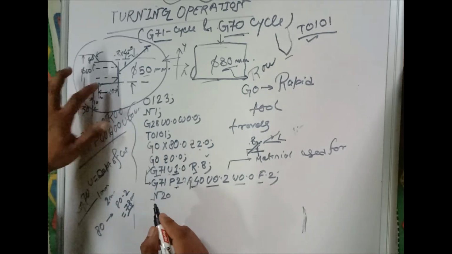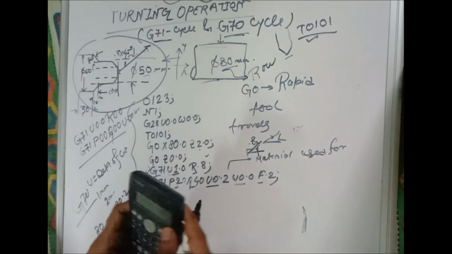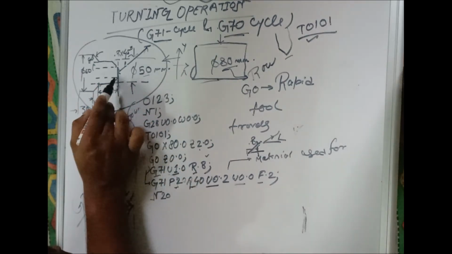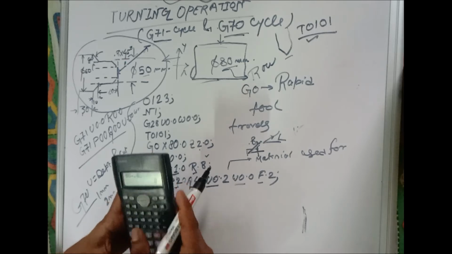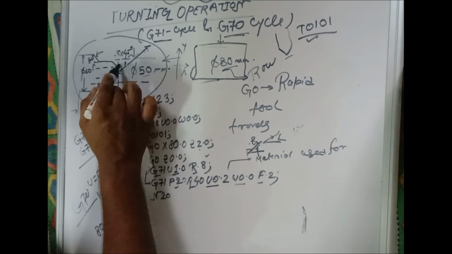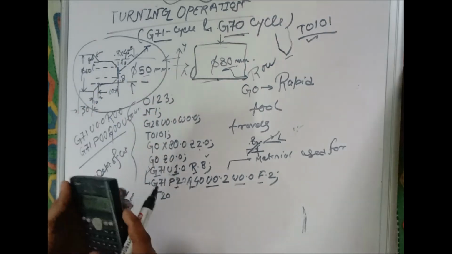What is the starting value of it? There is a given 0.8 chamfer. So what is the starting value of this? Simply we have to calculate 50 minus 0.8 from two sides. From the upper side we will subtract 0.8 and from the lower side we will subtract 0.8. What is the value?